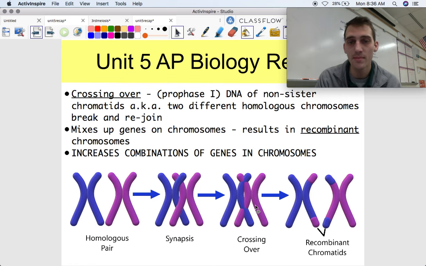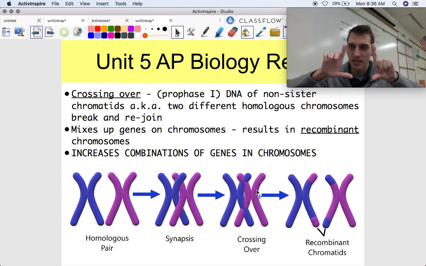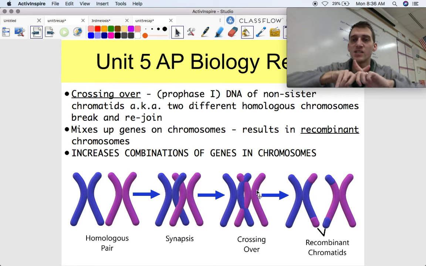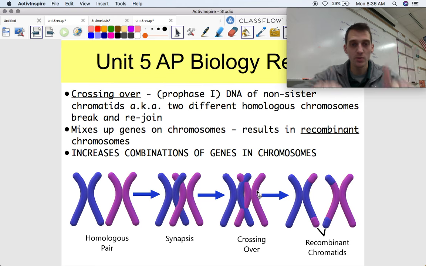All right, the same image as before with the purple and blue chromosomes. What's happening during crossing over is that the chromosomes literally touch each other and they swap genes while they're in contact with one another. So here's a tetrad of homologous chromosomes, and they cross over through a process called synapsis.